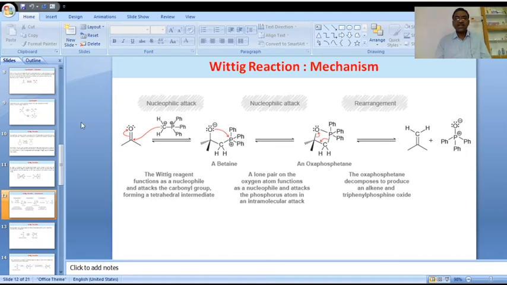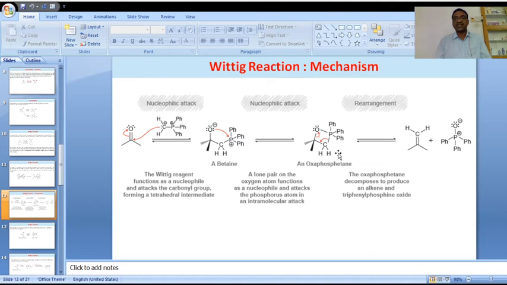Please observe, the overall reaction is a reversible reaction. Now here the second stage, nucleophilic attack, forms oxaphosphetane. Oxaphosphetane. This is the cyclic structure.